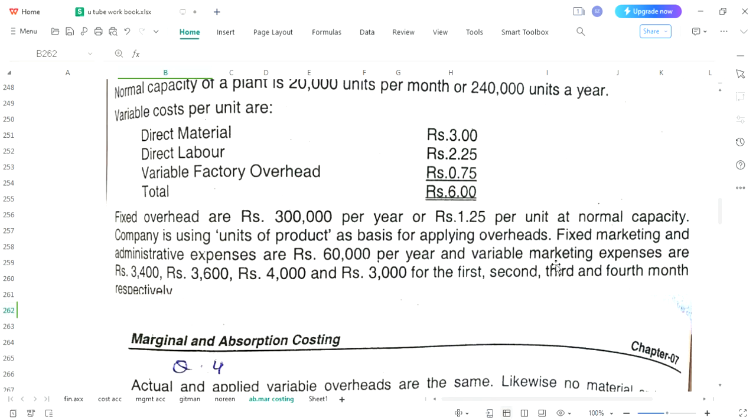And let's see if there is anything else. Look, variable marketing expenses are also present, and these are 3,400, and they are already for the month. Month is mentioned, so we do not need to change it.